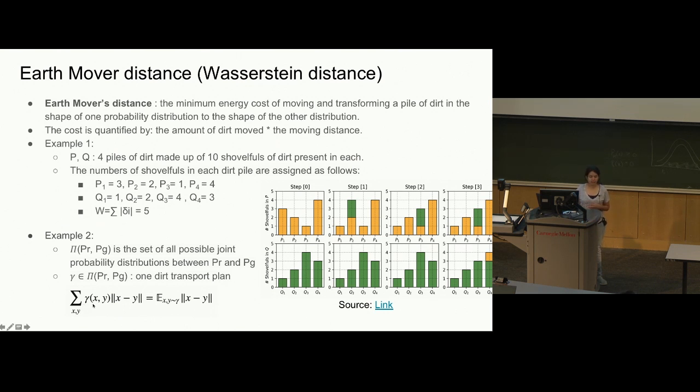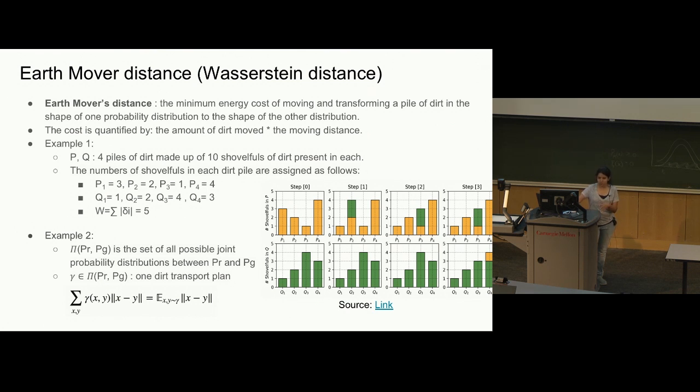Here, if you see gamma of x and y, this will want you to transfer dirt from point x to point y, so that you bring x as close to y as possible. And if you do that for all pairs of x and y in the two distributions, then you are bringing the distribution PG closer to the actual distribution PR. And that is why, let us say we transform all the x y pairs, we move x's to y's to make them as close as possible.